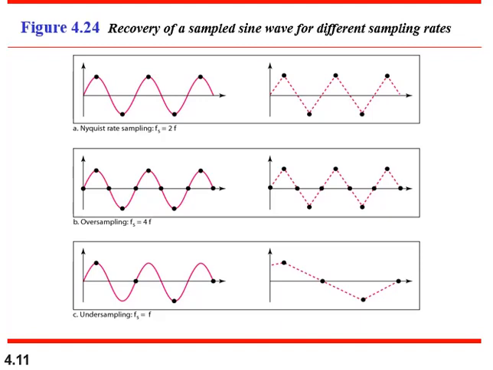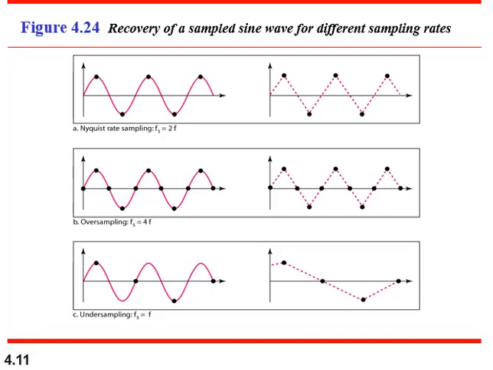In the next one, wherein they have taken the sampling frequency as four times the frequency, it becomes oversampling. In the third figure you can see that the sampling frequency is taken as the actual frequency, which is half of the Nyquist rate, and that is undersampling.